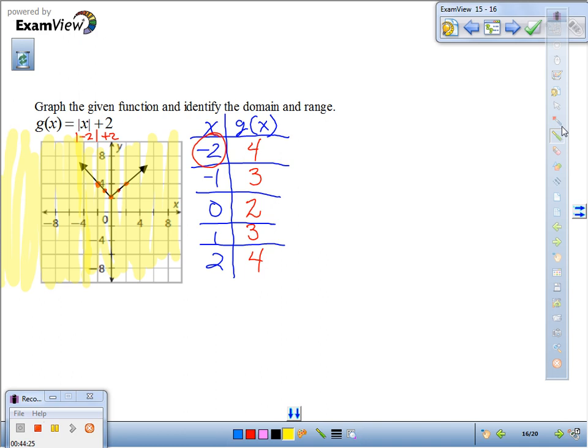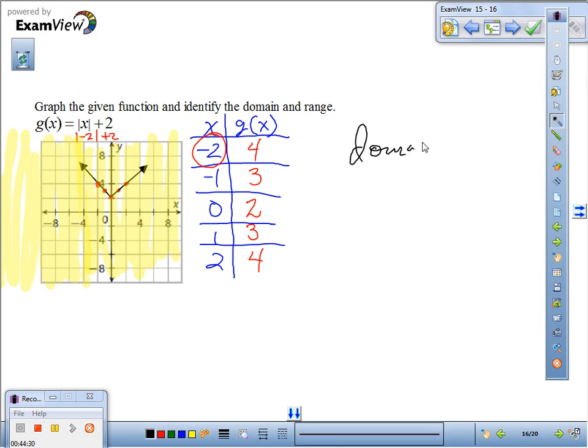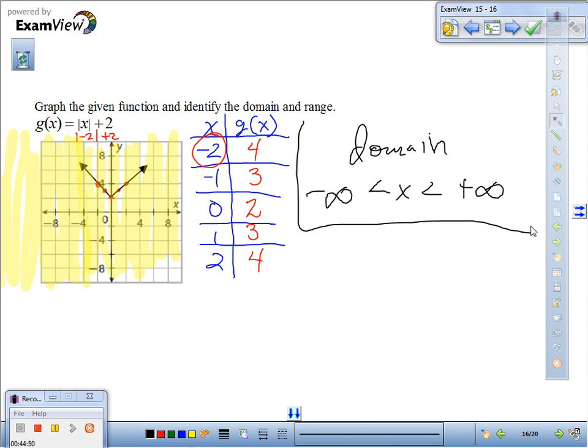No. Therefore, domain is from negative infinity to positive infinity. Hopefully you did negative infinity less than x less than positive infinity. Do they ask us to write solution set or interval notation? No, so we're done with that one. Box it in.